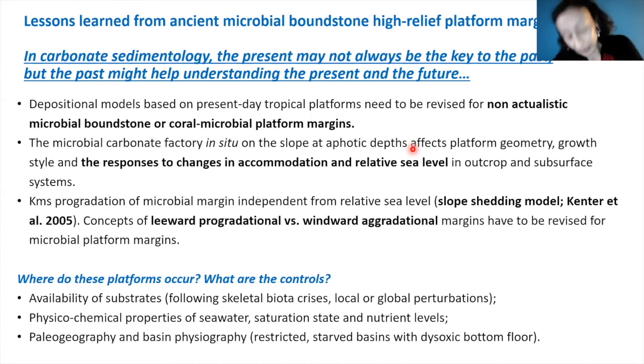Okay, I limited myself to the Phanerozoic because the Precambrian is a complex setting.